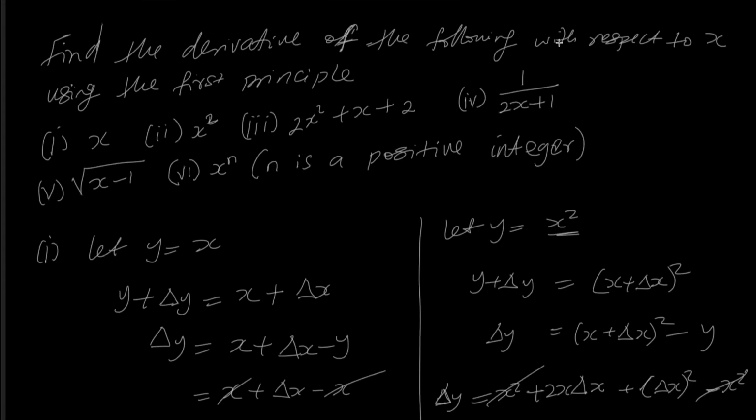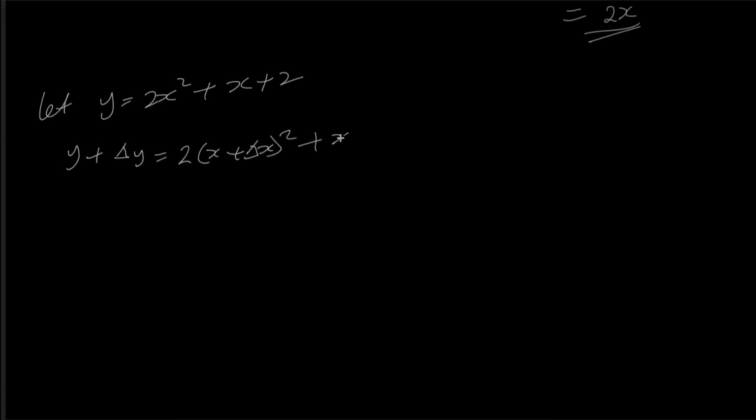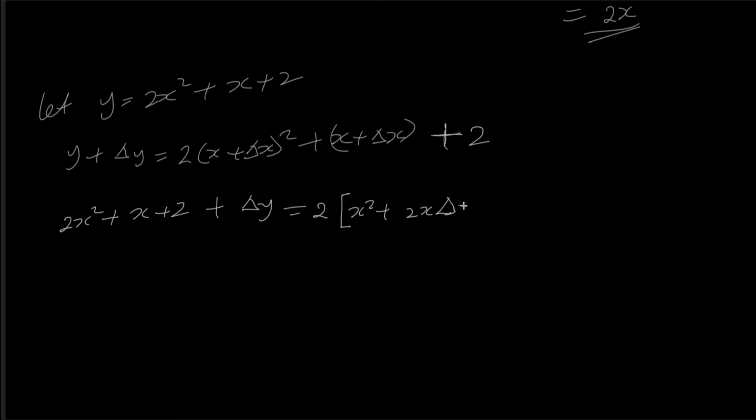Let's go for the third one. Is this right? Okay, let's go for it. Let y equal 2x squared plus x plus 2. Change in y equals 2(x plus change in x) squared plus x plus change in x plus 2. So let's substitute in place of y. We are going to put all this in place of y. That is 2x squared plus x plus 2 plus delta y equals, this alone will give us x squared plus 2x delta x plus delta x squared, plus this one, that is x plus delta x plus 2.